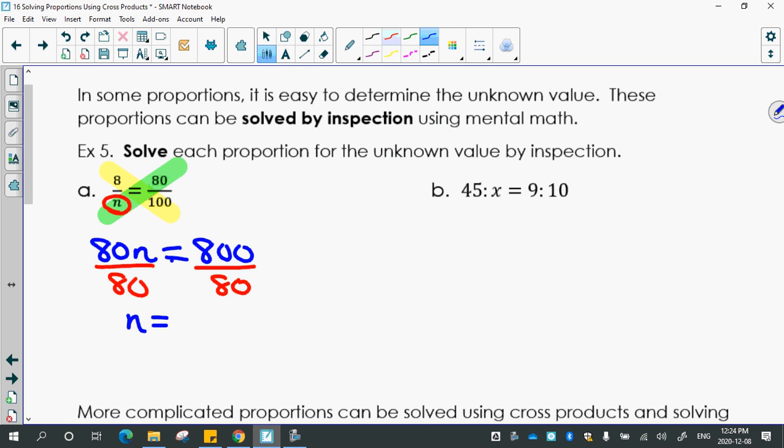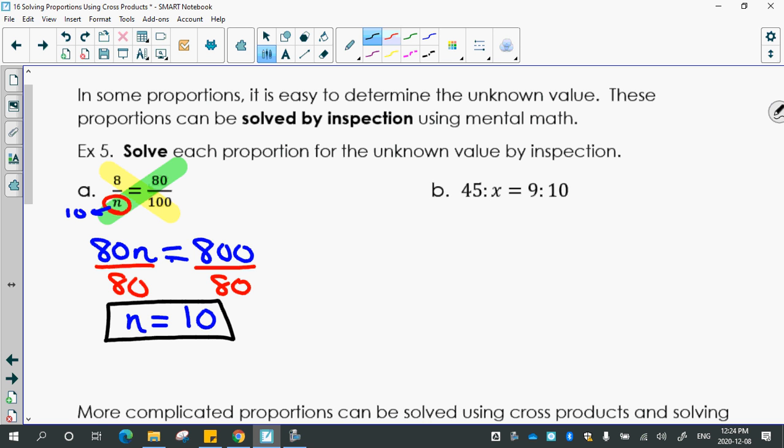So that means n should be 800 divided by 80, which is 10. So that means that that number there should be a 10. 8 over 10 is the same as 80 over 100, but this is your answer. So you put your answer in a box, n equals 10.